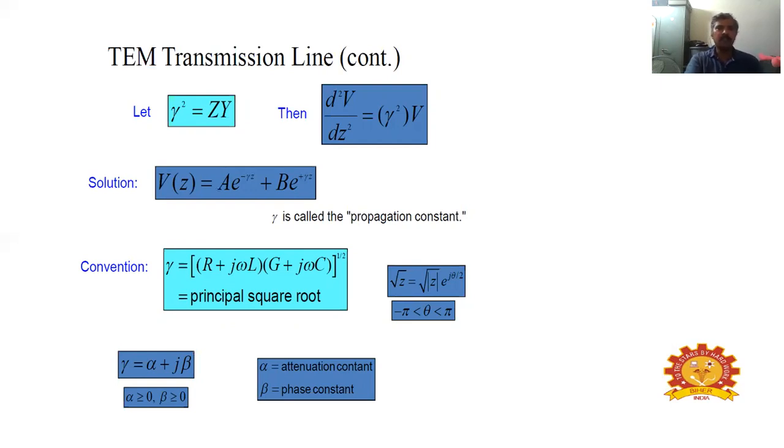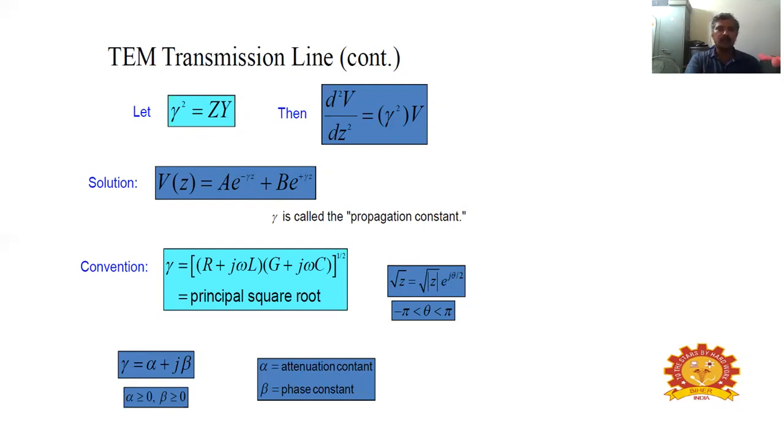Now conventionally we can write γ = [(R + jωL)(G + jωC)]^(1/2). That is, γ is equal to the root of (R + jωL) times (G + jωC). Then we can further say that the root of Z is equal to the root of the modulus of Z into e^(jθ/2).